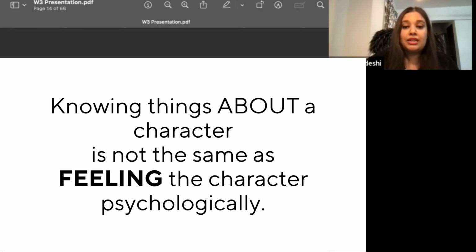Knowing things about a character is not the same as feeling the character psychologically. This is one of the biggest misunderstandings in fiction writing. Writers often think, if I explain the character deeply enough, the character will feel deep. But emotional depth is not created through explanation. You can know a character's childhood, their favorite food, their trauma, their fears, and their hobbies, and still feel completely emotionally disconnected from them.